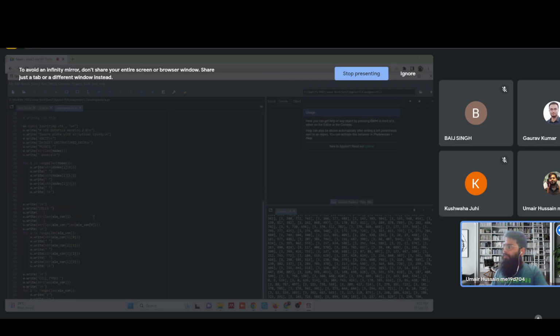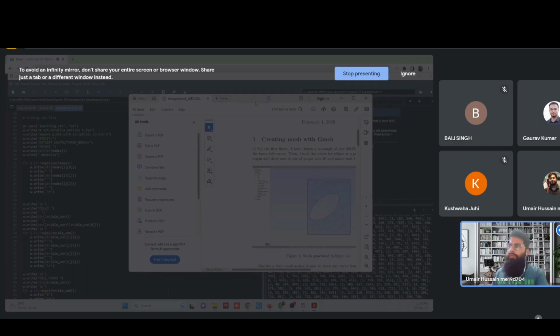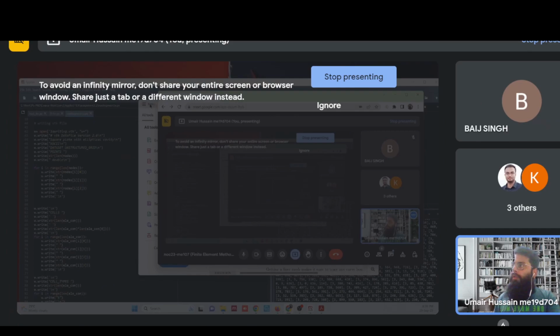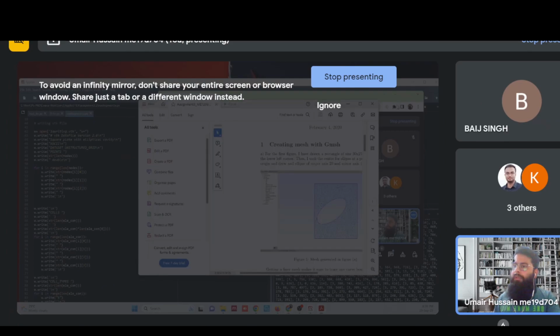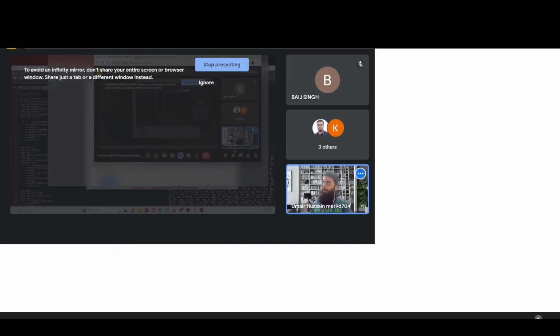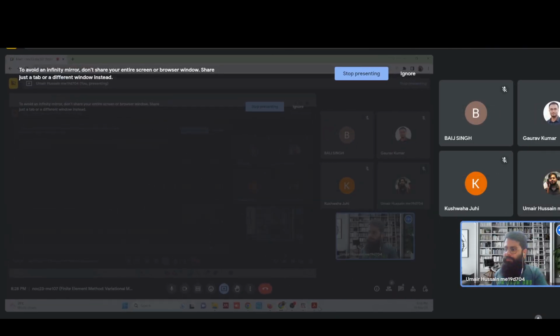There's a certain format, the VTK format. If I write in that format, I can read this VTK file to get the geometry. I don't know if I still have it. Let me show you here. Wait, just a minute.